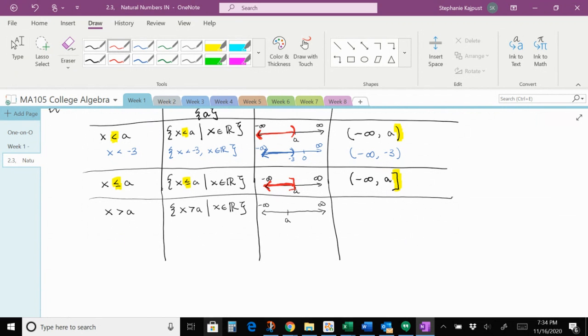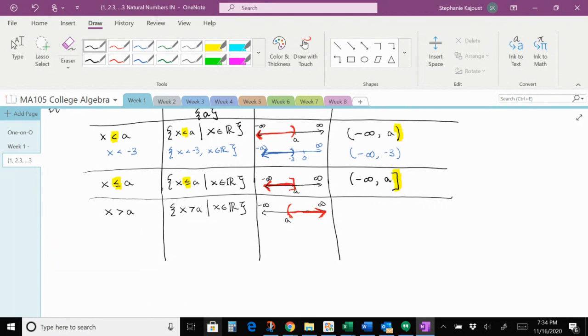What changes here now is that we're greater than, which means now we're on the right side. So now I'm shading to the right. But it's a greater than symbol. I don't have that line underneath, so that's going to be a parenthesis. So it's basically a flip-flop from the less than. It's now a reversed image, a mirror image, and now it's greater than.